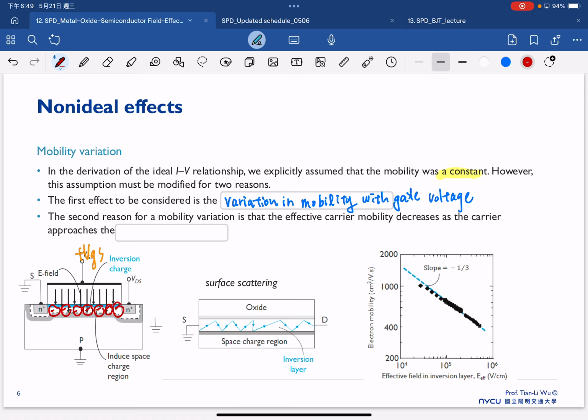And at the meantime, we apply a constant VDS, so these electrons are able to flow from the left to right and become the drain current. But this is the ideal case, what we talked about before.